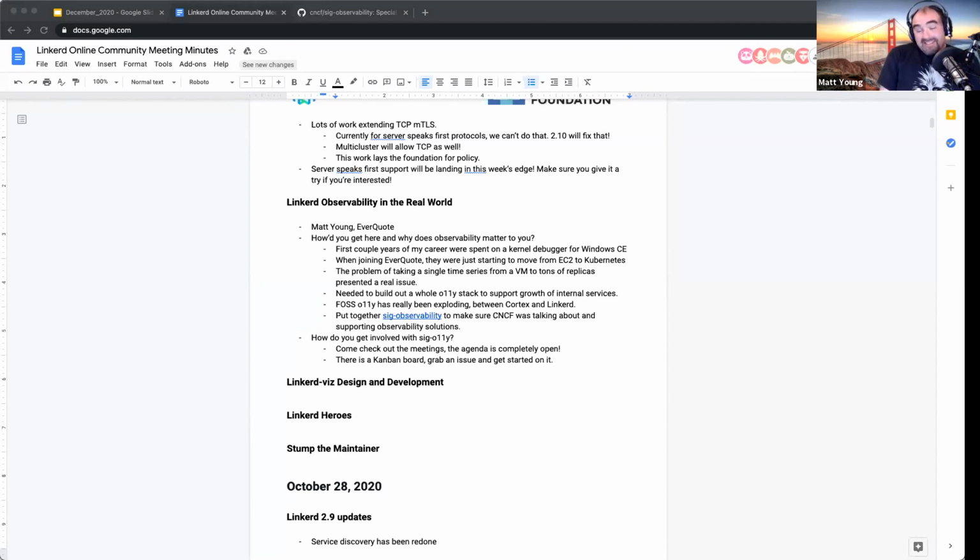or if you're a CNCF project, or if you know someone associated with a CNCF project that might have concerns around observability. An example would be Litmus, right? They're a chaos testing thing for Kubernetes that orchestrates and runs tests and collects all the results. They expose Prometheus metrics, and they might have questions.